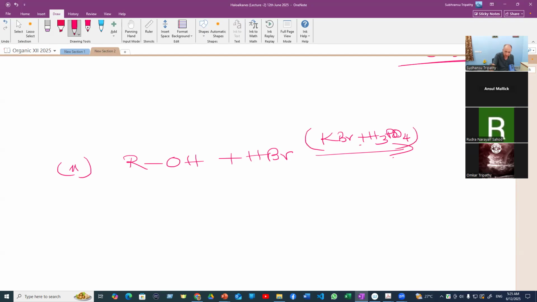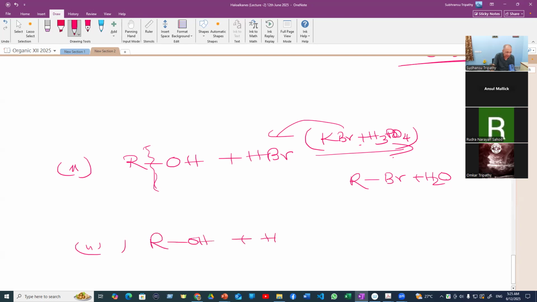So it produces HBr in calculated quantities, and same thing will happen because this will produce HBr. Similarly, you can get HI. HI can be taken as a mixture of KI and H3PO4, just like KBr. So it will produce HI and it will produce RI plus water.